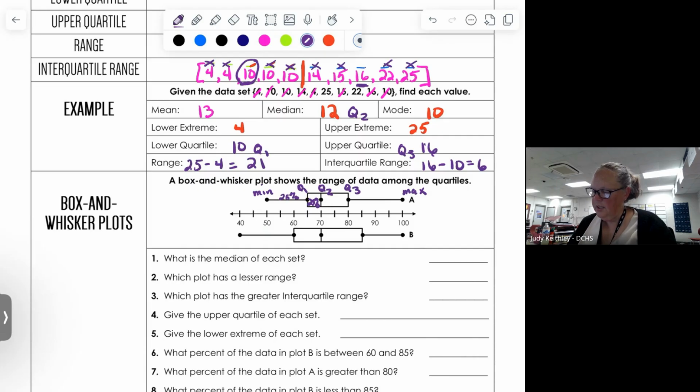Q2 to Q3 is 25% of my data, and Q3 to the max is the last 25% of my data. So these 4 put together would give me 100% of the data, and that is what box and whiskers does, is help divide it into percent.